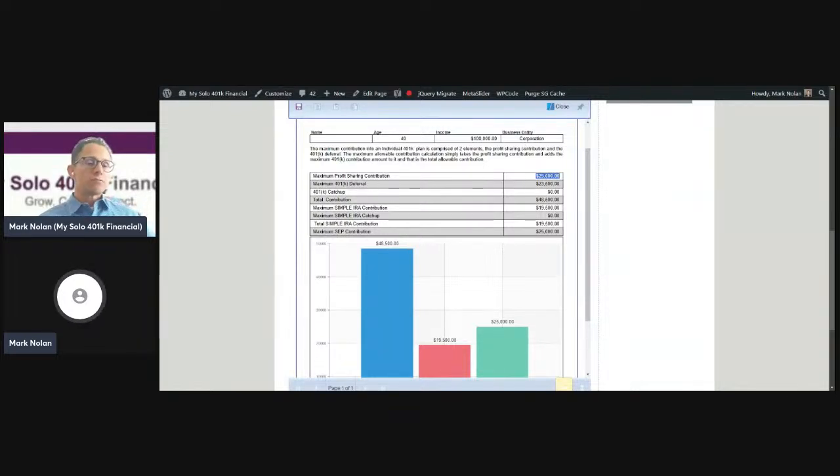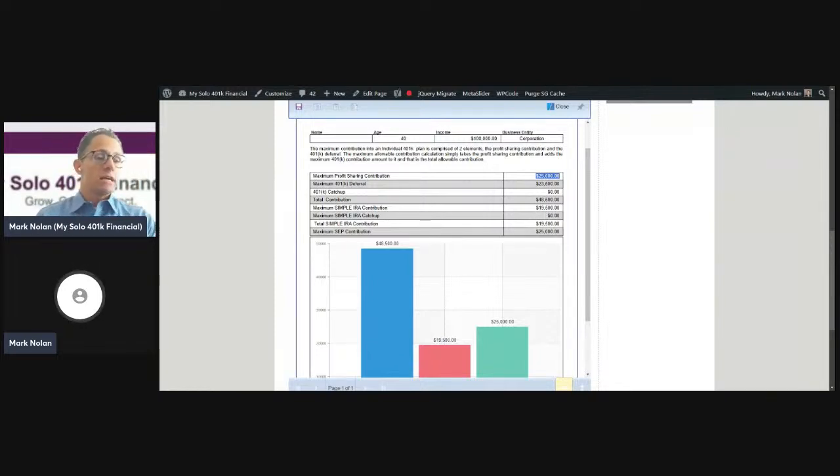And then you're going to have to report that contribution on your Form 1120S, as I mentioned earlier, because it's going to be tax deductible on the business side. But then you're going to have to treat it as an in-plan conversion. You don't have to actually move the funds because they will have already been deposited into the Roth bucket, but you're going to have to report that on your Form 1040 next year when you file the 2025 tax return and report that as a taxable in-plan conversion.